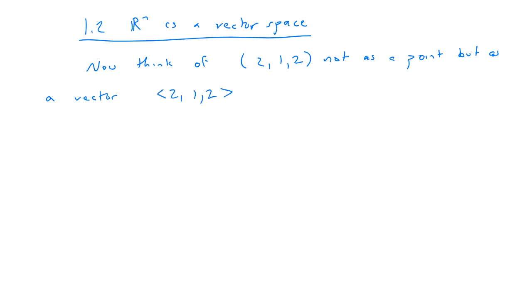And if you've had physics, you know that a vector is something which is designated by a length and a direction. In particular, when we write this, it is shorthand for the vector from the origin to that point.